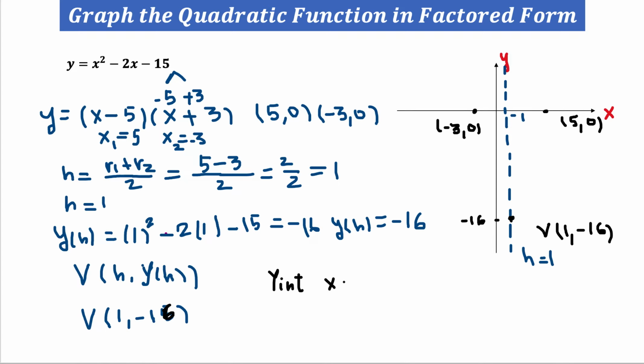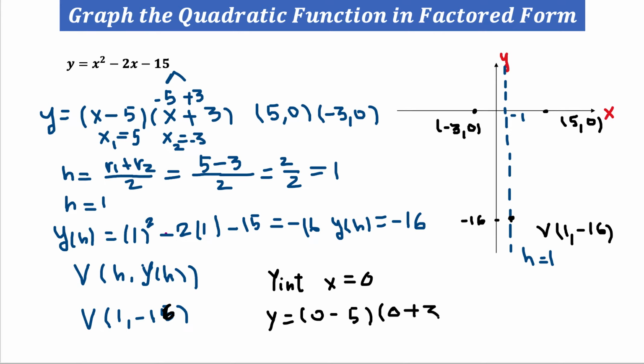When we find the y-intercept, it means we set x equal to 0. We take the factor form of the function, and wherever we have an x, we plug in a 0. So we take this equation, 0 minus 5, and the other factor is x plus 3, but instead of the x, I'm plugging in 0 plus 3.